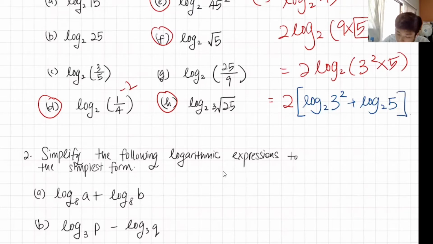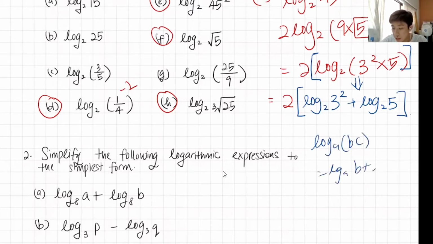Basically, what I've done is I'm converting this bracket into this thing. It's very easy. It's basically using the law that log A BC is equals to log AB plus log AC. So this one is basically your law of logarithm 1.